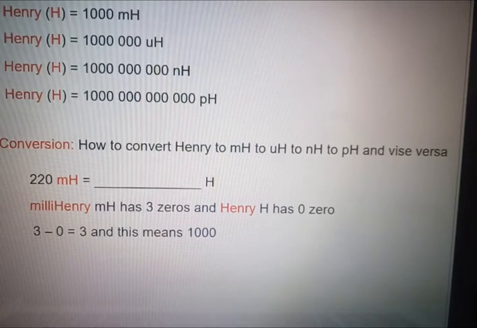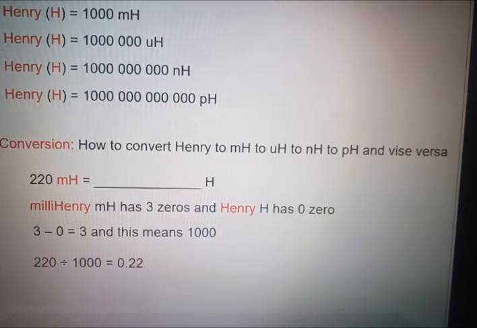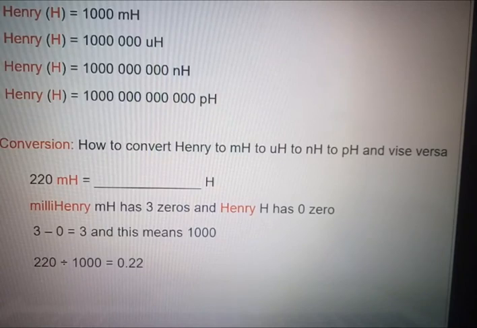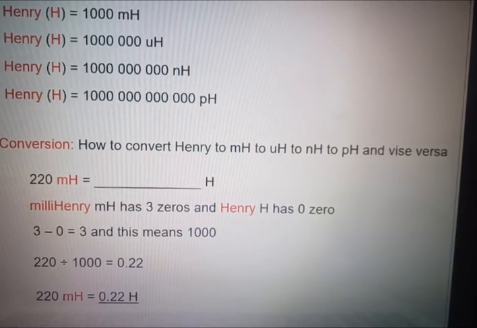So you're going to divide 220 by 1000, which is equal to 0.22. So your 220 millihenry is equal to 0.22 henry.